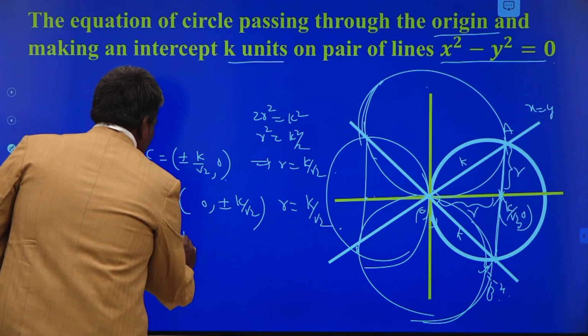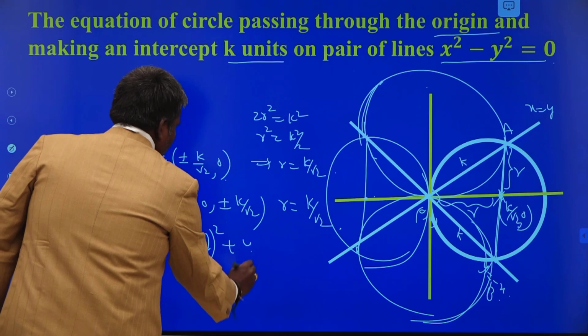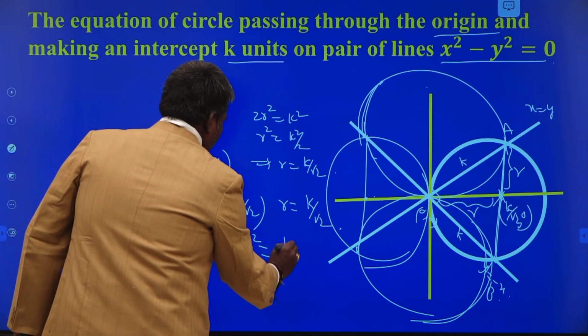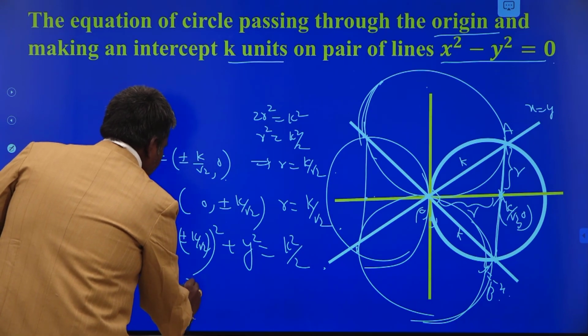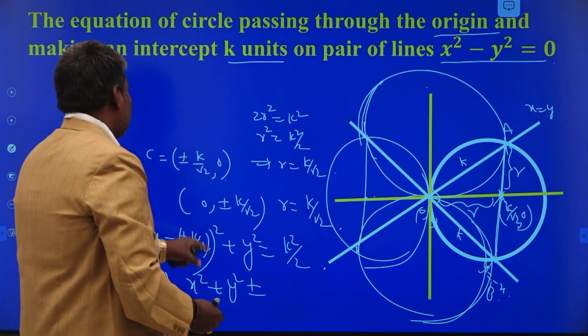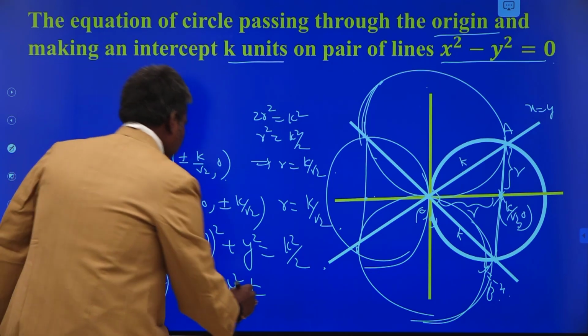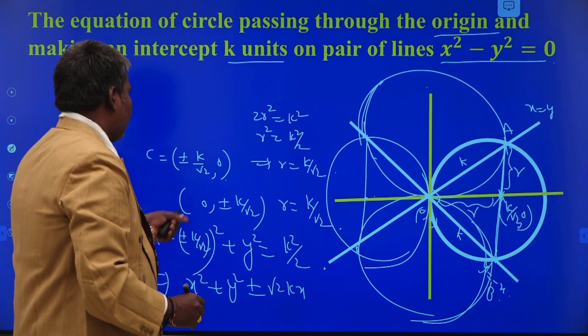So (x minus plus or minus k by root 2) whole square plus y square is equal to k square by 2. K square by 2 gets cancelled after expanding. x square plus y square plus or minus root 2 k x is equal to 0, because 2 by root 2 is root 2.